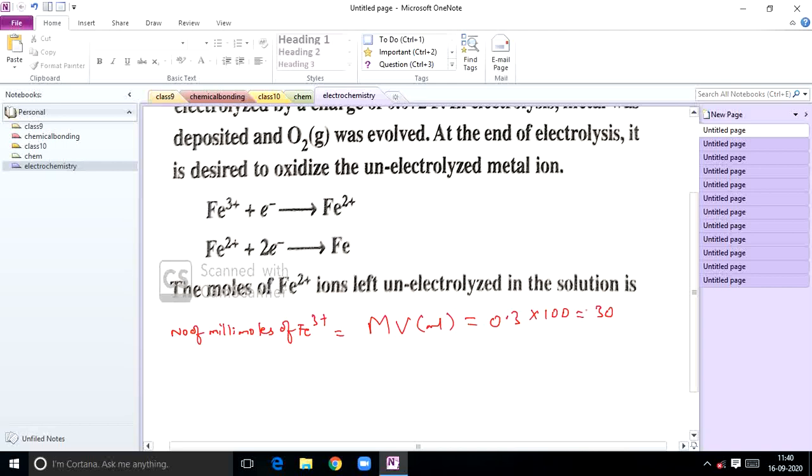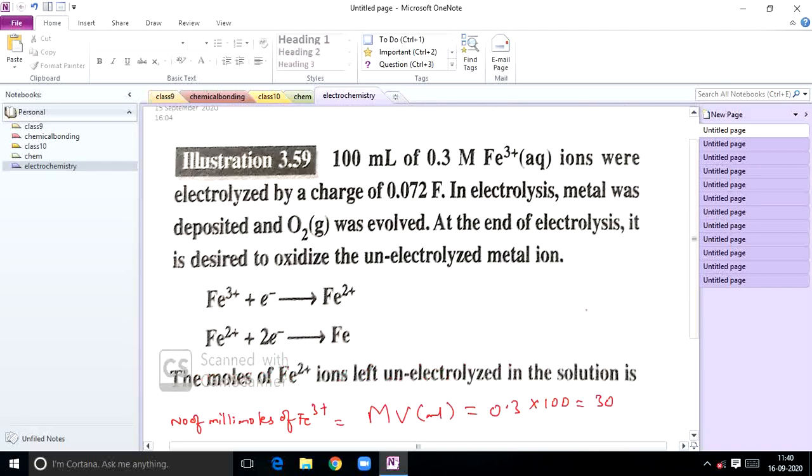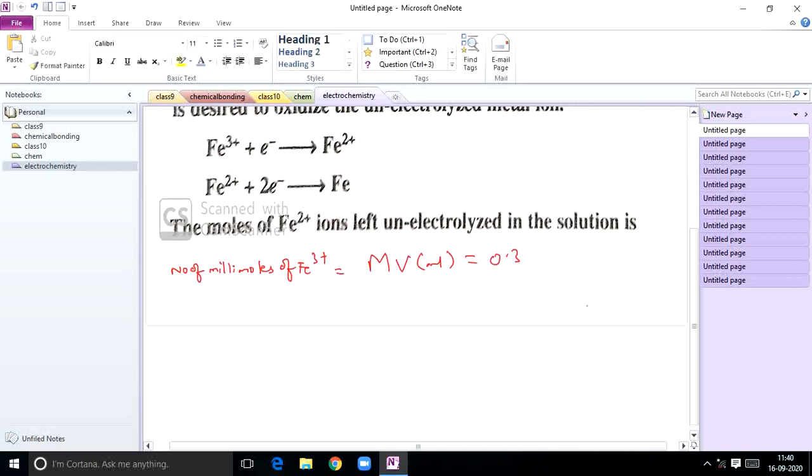Now, what is the charge given there? 100 ml of ions were electrolyzed by a charge of 0.072 Faraday. So charge is equal to 0.072 Faraday. That is the charge given. So that is equal to 0.072 into 10 cube.